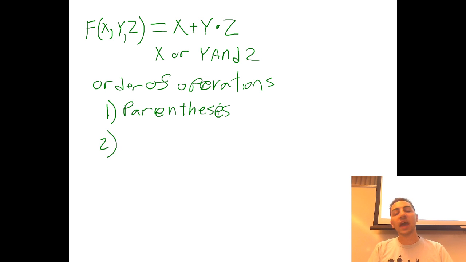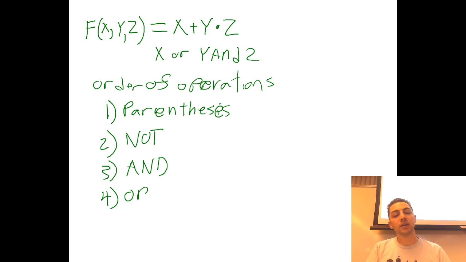Second is any not function. Third is any and function. And fourth, any or function. If you try to evaluate an or function before evaluating all and functions, you're going to get the wrong answer. Just like if you tried to do addition before multiplication in a long, complex sequence, it would be a problem.